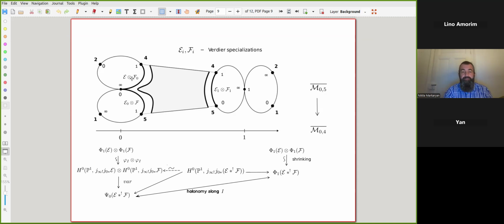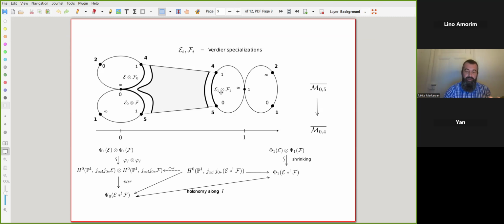Okay, I wanted to mention that in fact here we have Verdier specializations of these sheaves. For example, when we restrict here, if they come from local systems, then these have abelian monodromy.